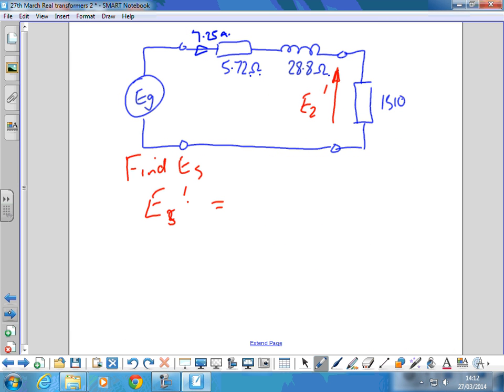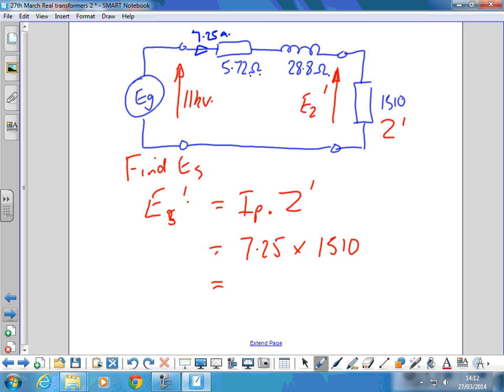So we're going to find E secondary dash. How can I find that with what I know? This is 11 kV. There's the current. This is Z dash, isn't it? So we can find that by doing IP times Z dash, can we not? 7.25 times 1510.